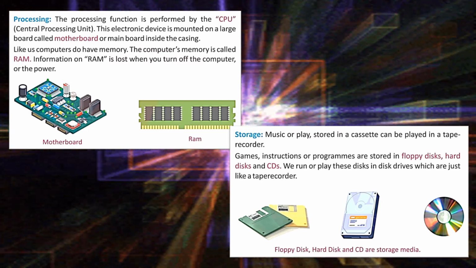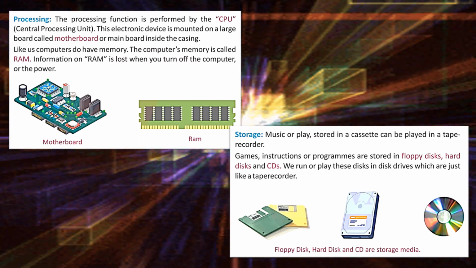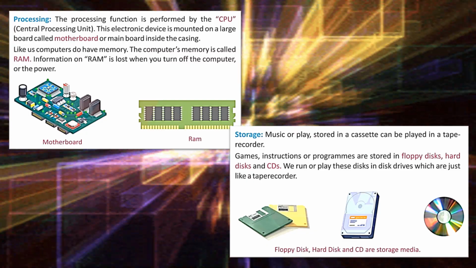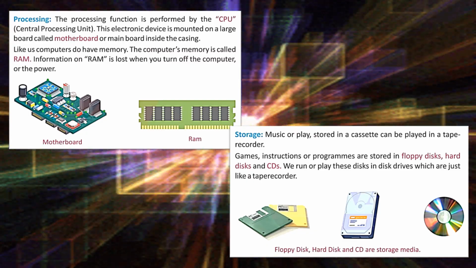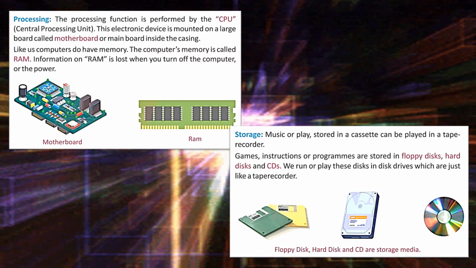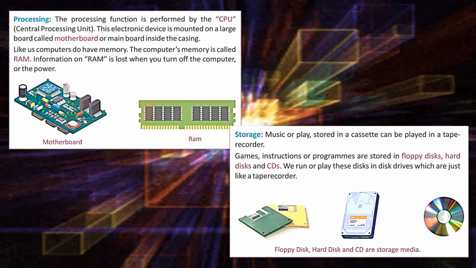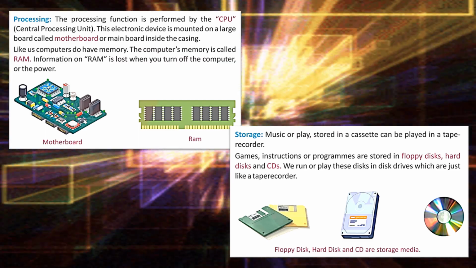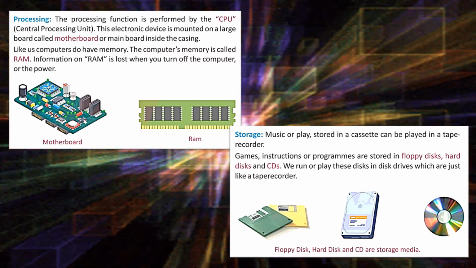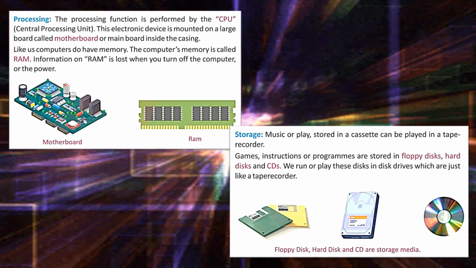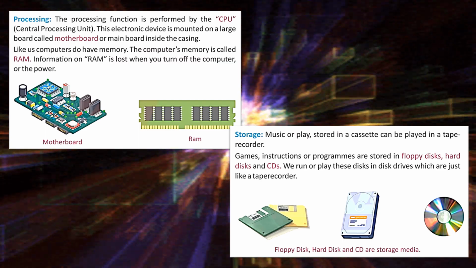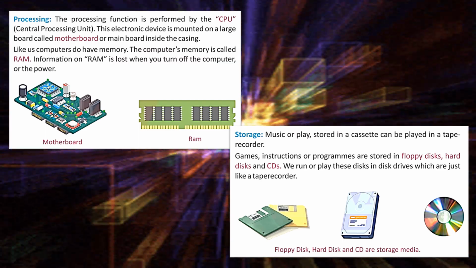Storage. Music or plays stored in the cassettes can be played in a tape recorder. Games, instructions or programs are stored in a floppy disk, hard disk and CDs. We run or play these disks in disk drives which are just like a tape recorder. So floppy disk, hard disk and CDs are the storage media of a computer.